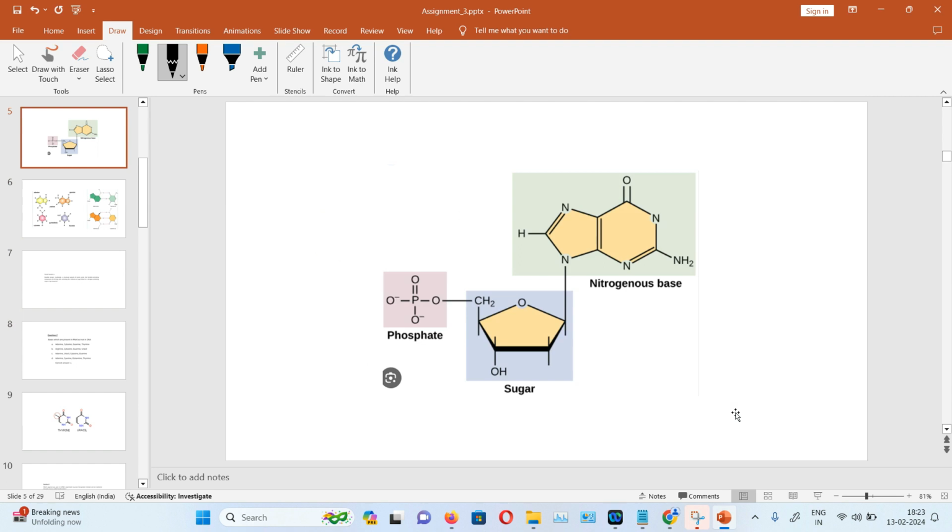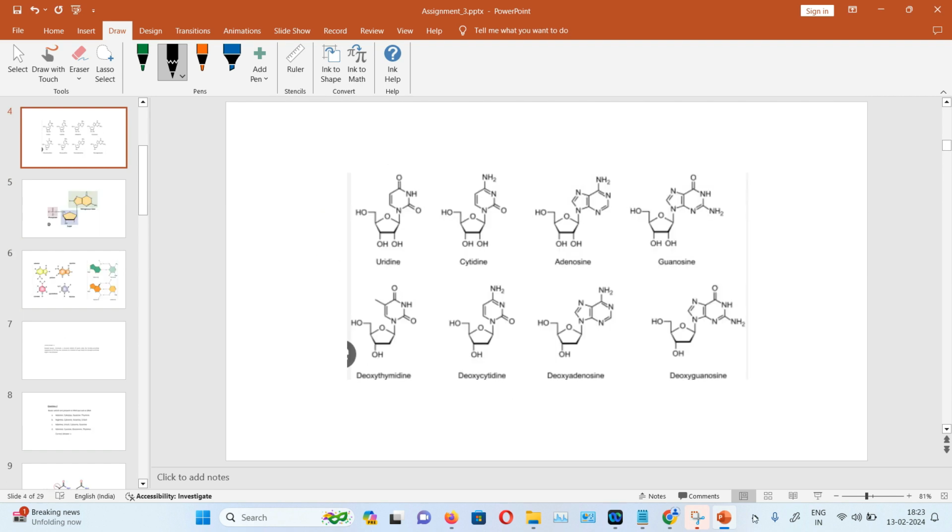In ribonucleic acid, you can see we already discussed that in the case of uridine, the nitrogen base is uracil, but in the case of deoxythymidine, the nitrogen base is thymine. What is the basic structure in DNA? Deoxynucleotides.